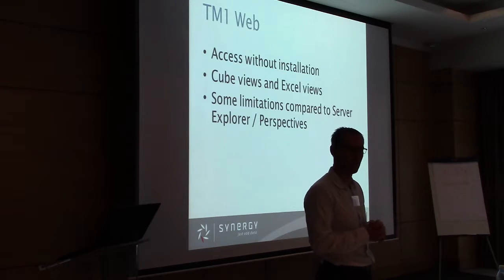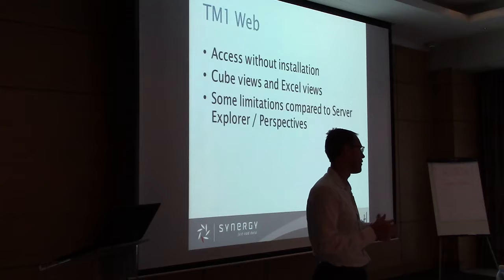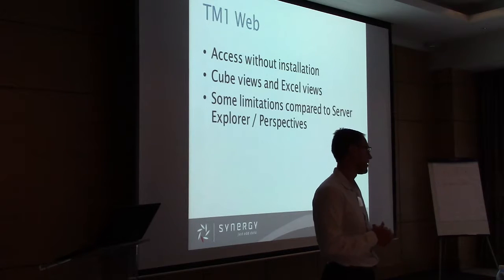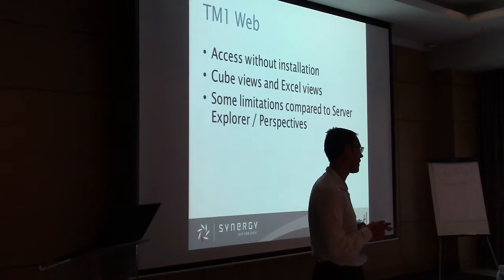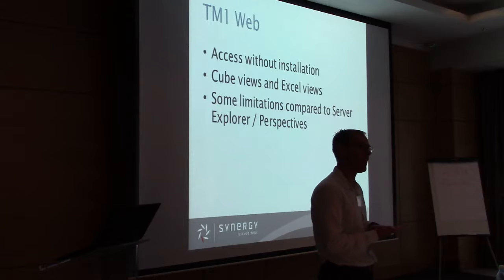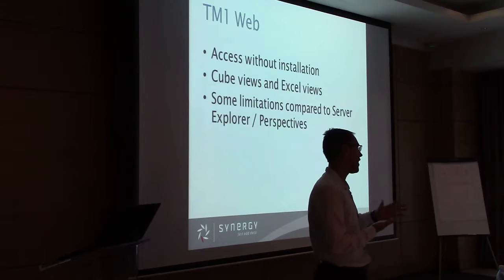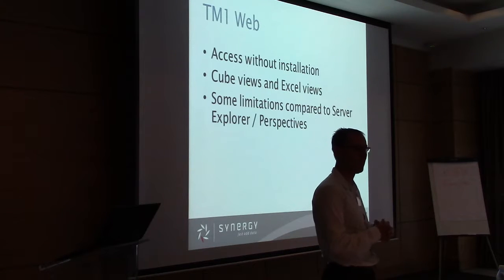That allows you to hop into the cubes, write rules, and write your own reports using Excel with that direct link, the DBRW as we've come to know over the years. But TM1 Web allows you a huge amount of that same functionality without a thin client requirement. You could literally, in a browser, go to a website.